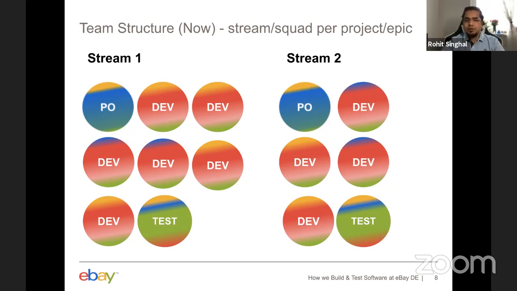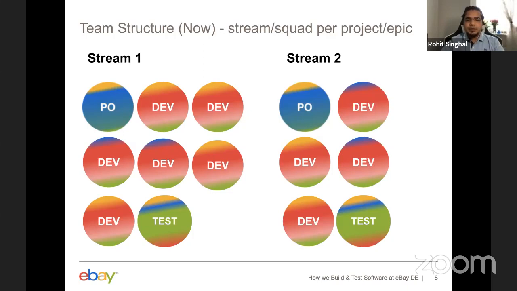This also helps to run multiple parallel projects, small or big, that doesn't matter, at the same time. Every work stream has a mix of product owners, developers and testers, and again they share some responsibilities and pair on stories or whatever tasks they do.